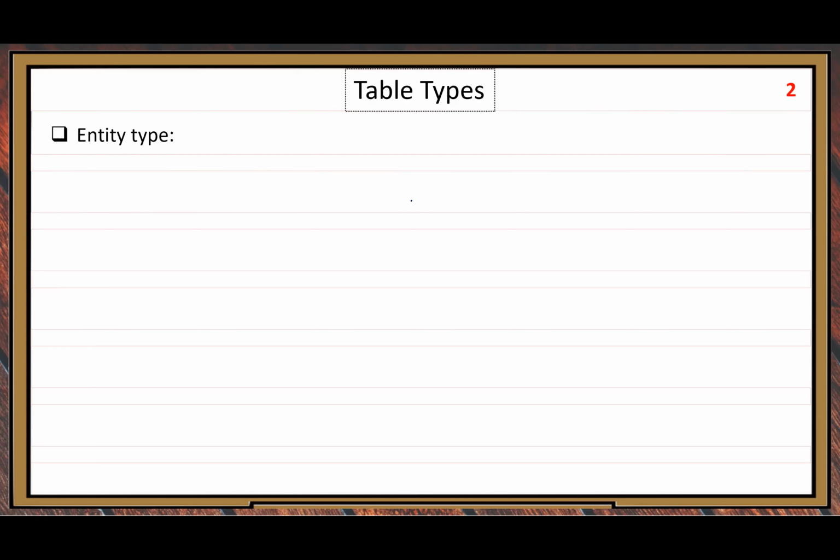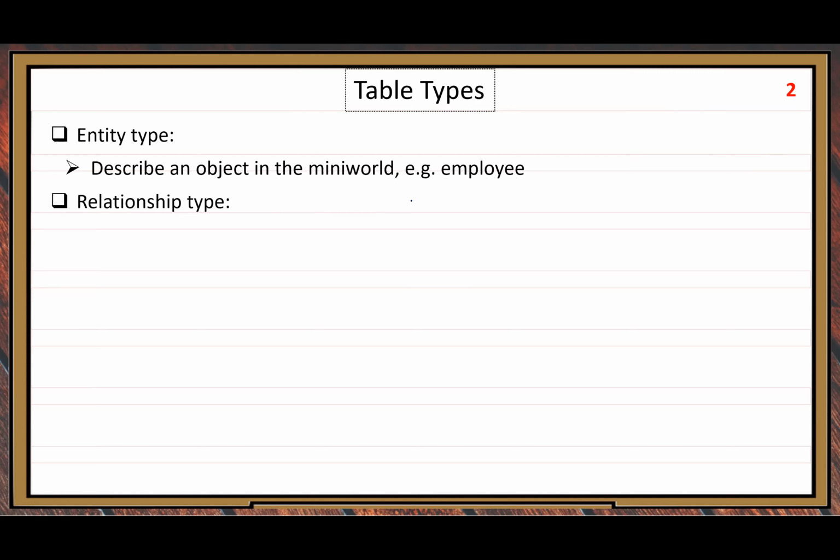Now, table types. There are two table types, basically. The first type is the entity type. We just talked about the entity concept; here we store the entity information, such as employee information. So that's the typical entity type table. The second one you may not be familiar with, called the relationship type.